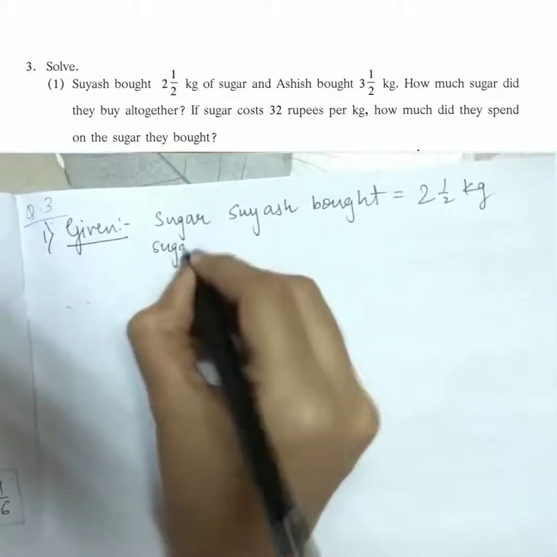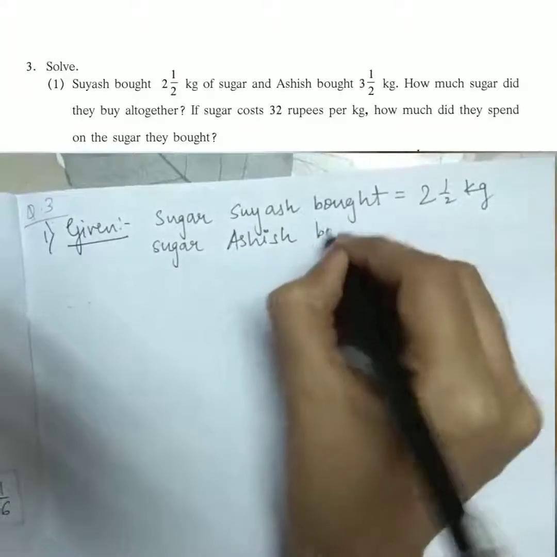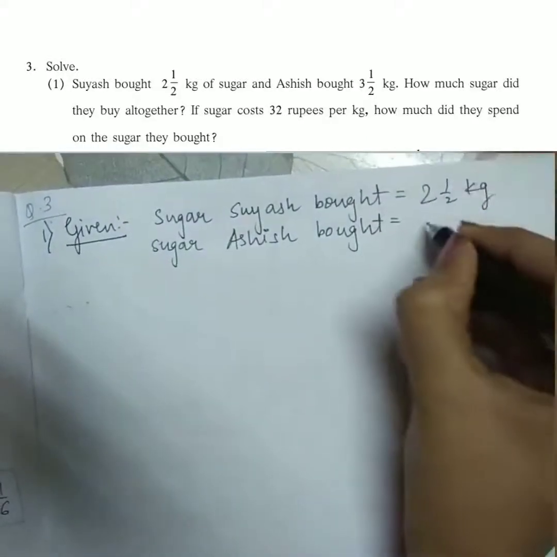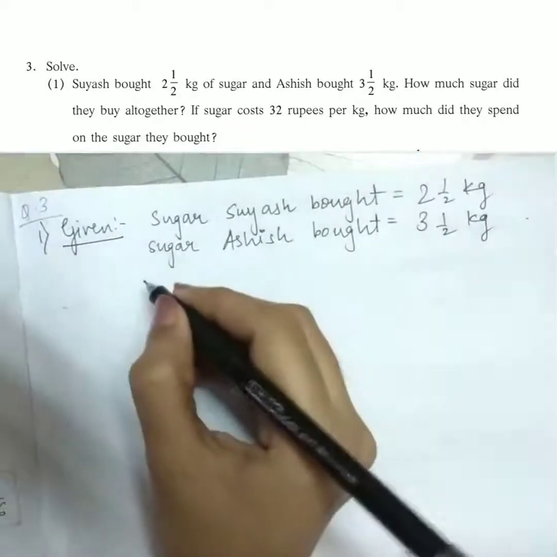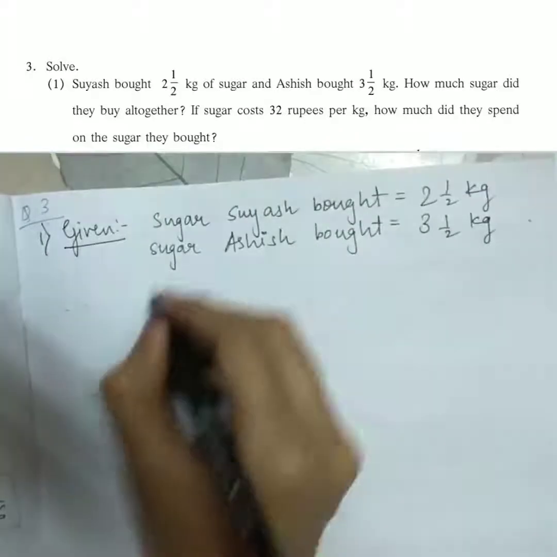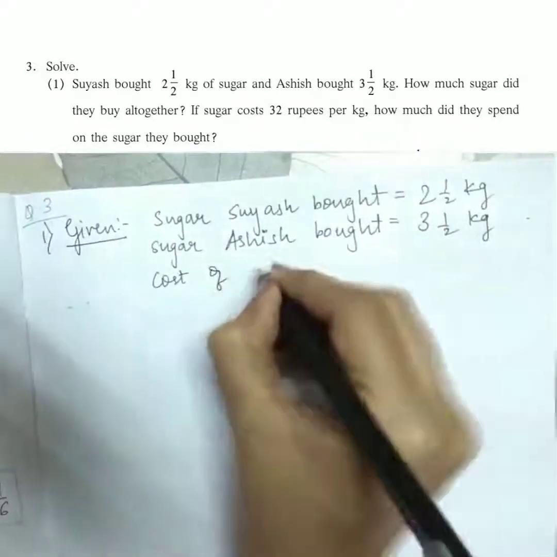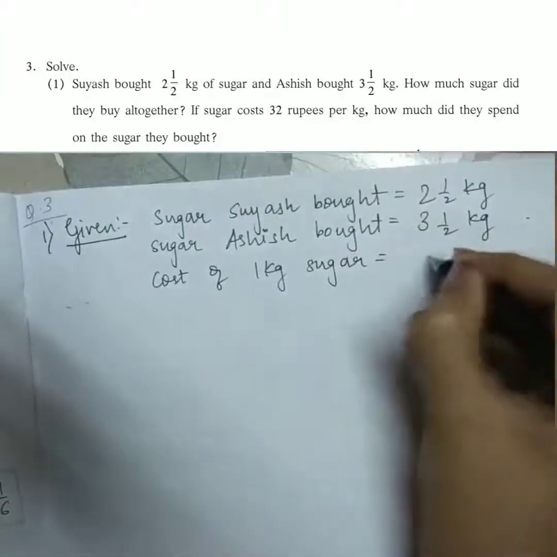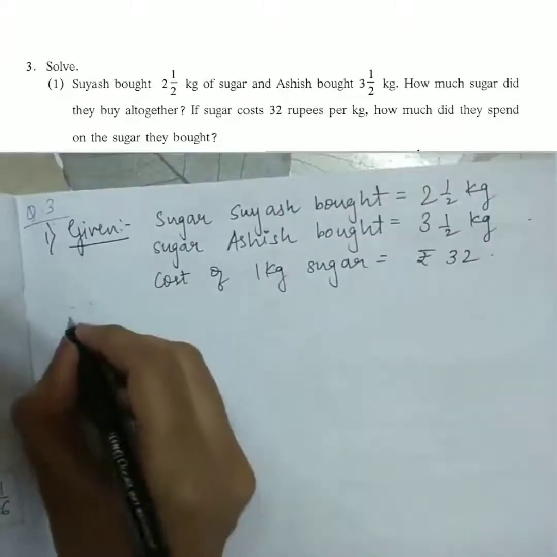Then sugar Ashish bought. How much sugar Ashish bought? He bought 3.5 kg. And cost price is given, that is cost of 1 kg sugar. How much is the cost price? 32 rupees. This is given in the sum.